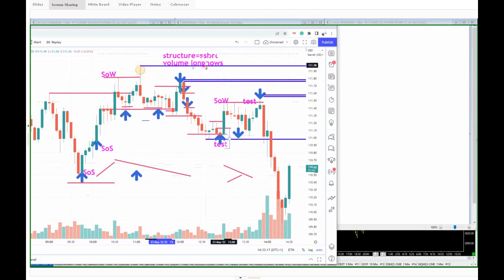So obviously what we're trying to do is get what? What are we trying to do? We're trying to get the short structure to line up with the volume structure, yes or no? Well, come on. That's got to be a big desire of all traders. The volume and the structure agreeing with each other. And then obviously when you get into professional trading, the volume and the structure and the value all agreeing with each other for the perfect trade, right?